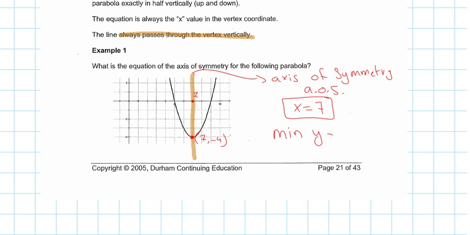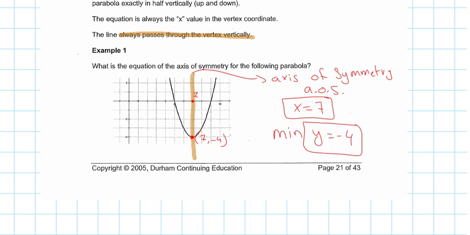That's what we learned earlier in the lesson today. Now, do you see any relationship between the axis of symmetry and the minimum and the vertex? The axis of symmetry represents what part of the vertex?